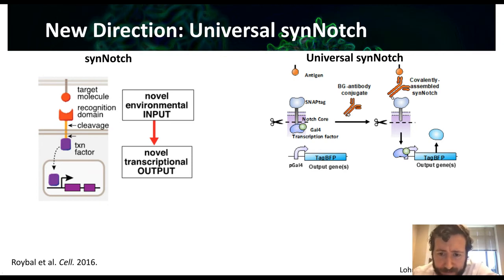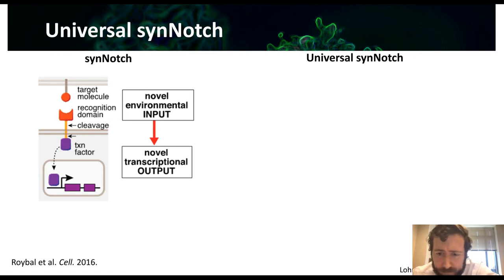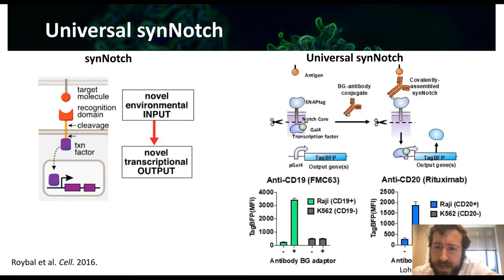And so when we add these receptors to T cells and we combine them with or without the adapter, on the left we have an anti-CD19 adapter, and we have them either with CD19 positive or CD19 negative cells, and we assay for tag BFP expression, we see that we are able to redirect SNAP SynNotch activity to produce the output BFP protein only in response to antibody adapter and antigen on the targeted cells.